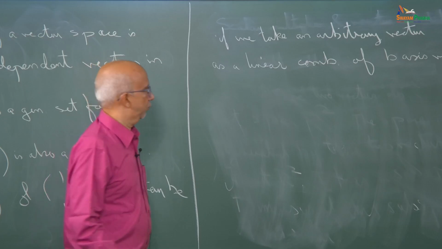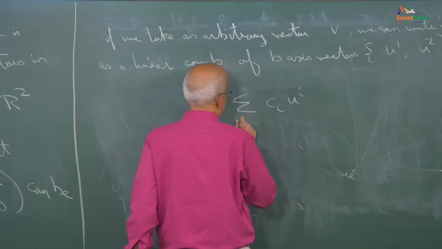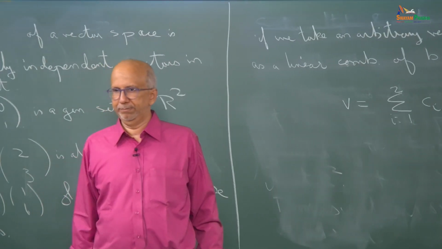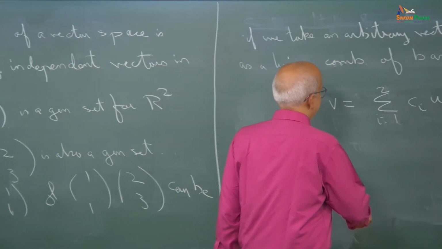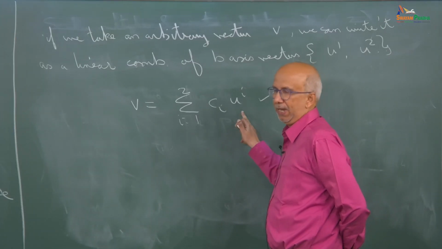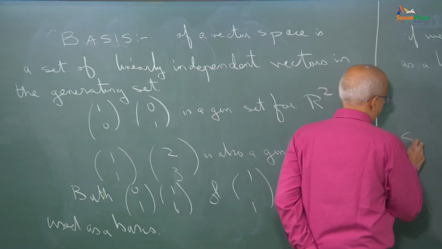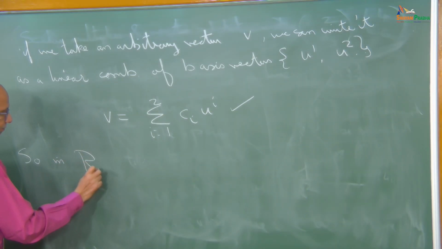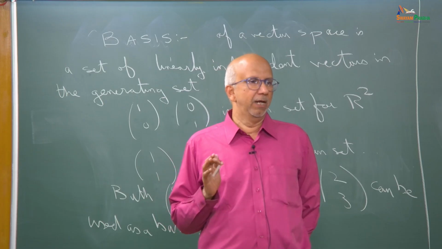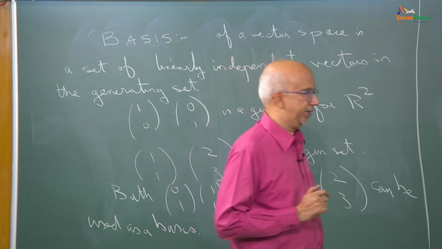Okay. So, basically what this means is V is sigma Ci ui. In this case, I am just taking 2 dimensions, so I put 2, but it can be n. So, this is basically what I mean. Ui is a basis, and I told you basis is basically a set of linearly independent vectors. So, in Rn, a set of n linearly independent vectors will form a basis. Okay.